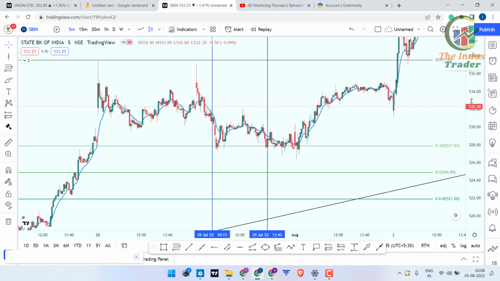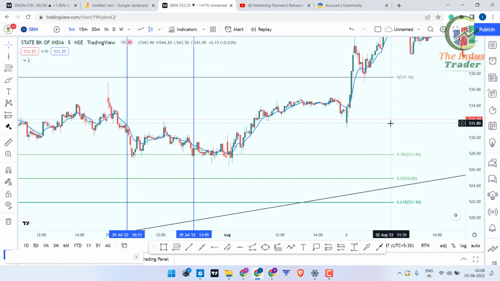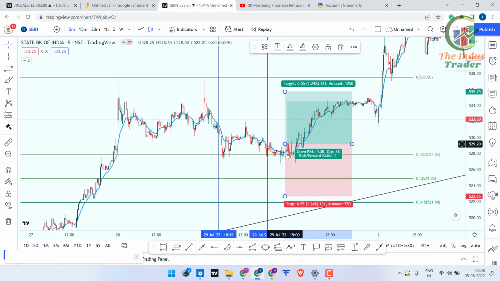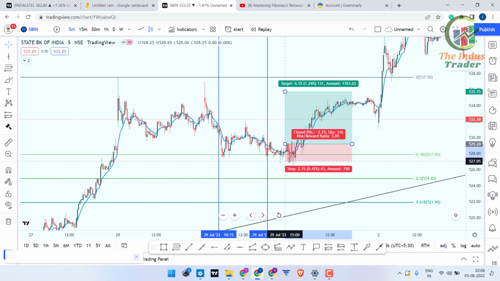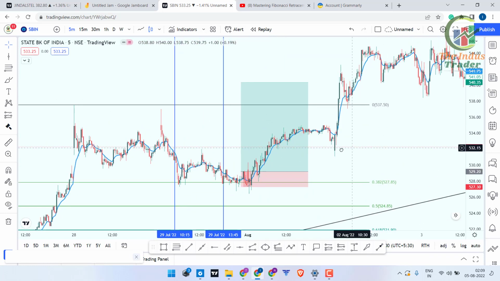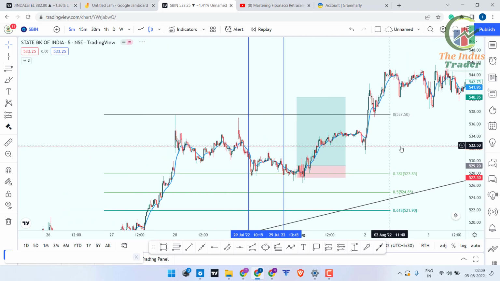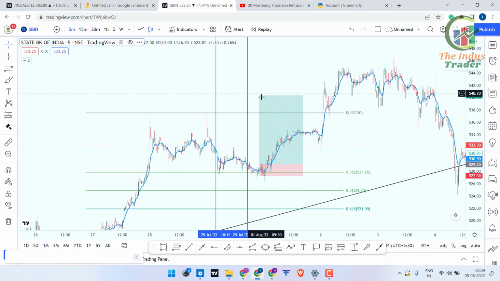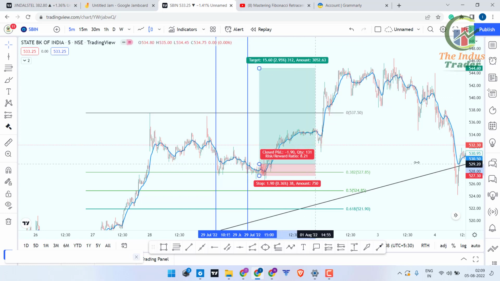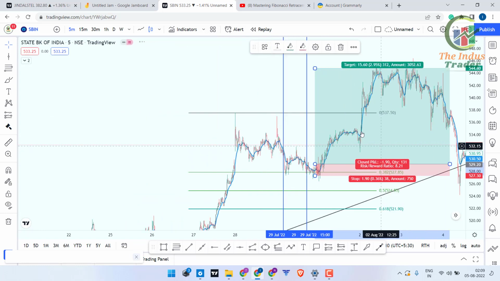But the important point which I want to tell you here is the time when you take the reward. You can see next time the reward is multiple times your target. You can even see here the risk reward is above 8.2.